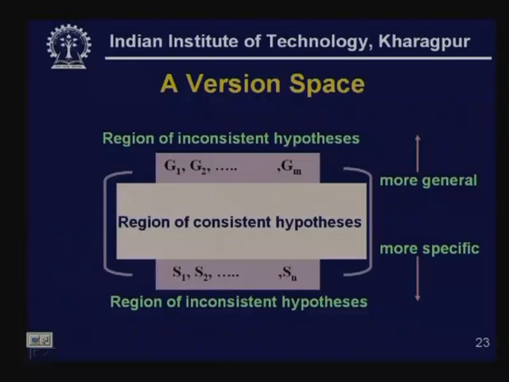Additionally, a version space can be represented by keeping the set of general hypotheses and a set of specific hypotheses. So, you see there are some hypotheses in the hypothesis space and there are inconsistent hypotheses. These inconsistent hypotheses are either more general than one of the hypotheses in the version space or more specific than one of the hypotheses in the version space.